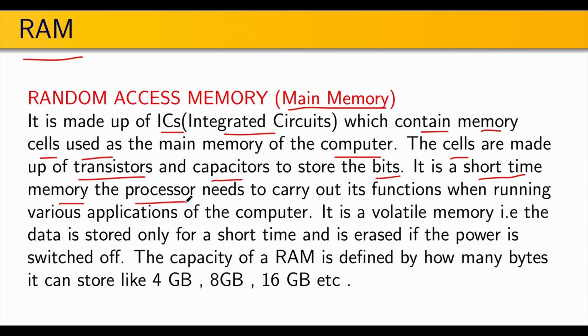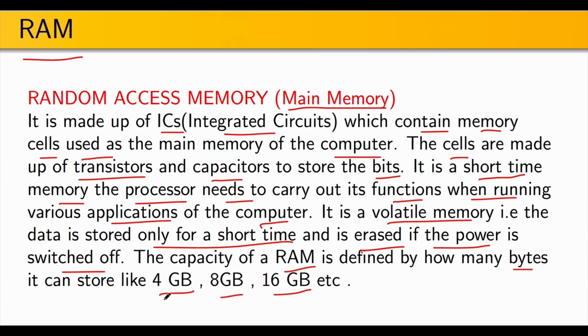The processor needs it to carry out its function when running various applications of the computer. It is a volatile memory, that is, data is stored only for a short time and is erased if the power is switched off. The capacity of a RAM is generally defined by how many bytes it can store. So you have heard of 4 gigabyte RAM, 8 gigabyte RAM, 16 gigabyte RAM, etc.